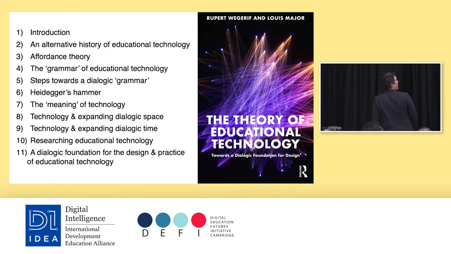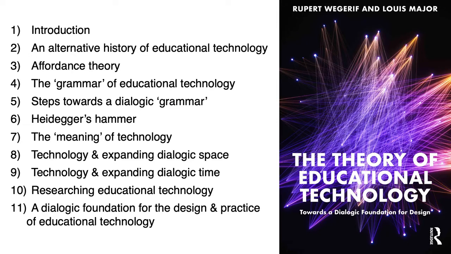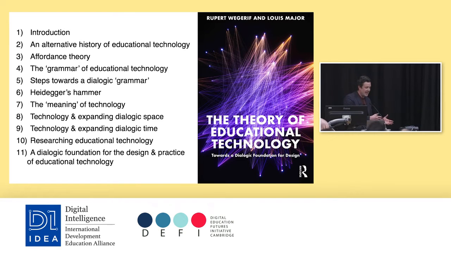So to just give a quick overview around what the book entails, 11 chapters, focusing first on an introduction, then we present an alternative history of educational technology, going back to the Sandbushman caves and the earliest stages of the schools in Sumeria, working all the way forward to some of the things we've been discussing today, the evolution of the printing press, for instance.